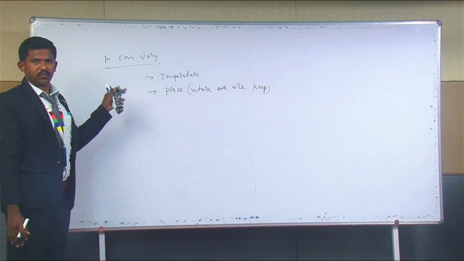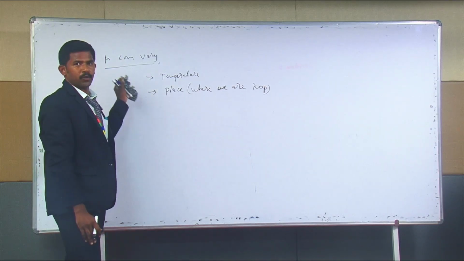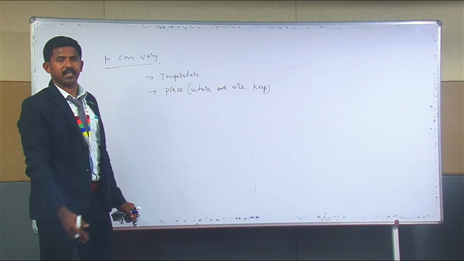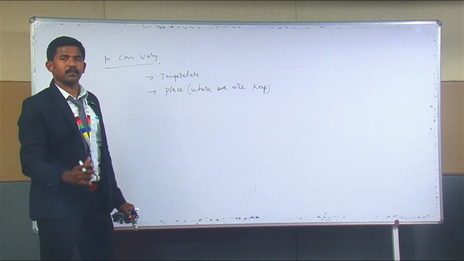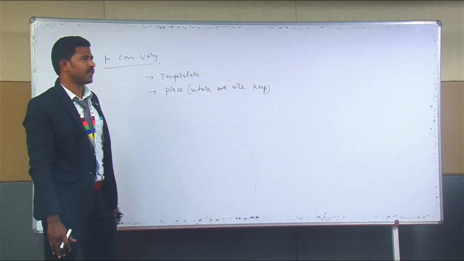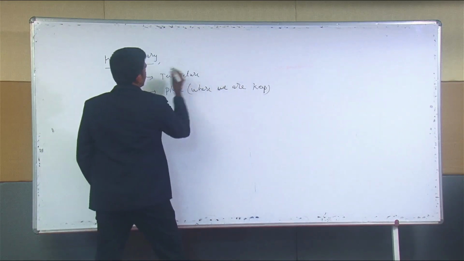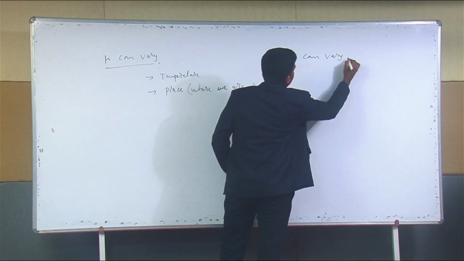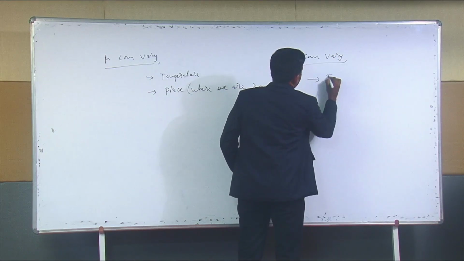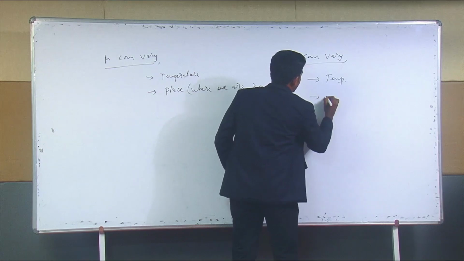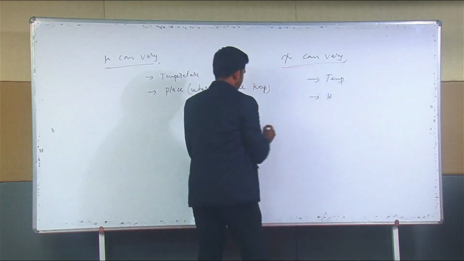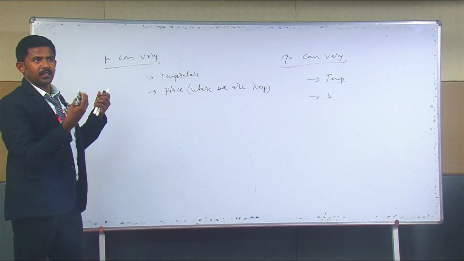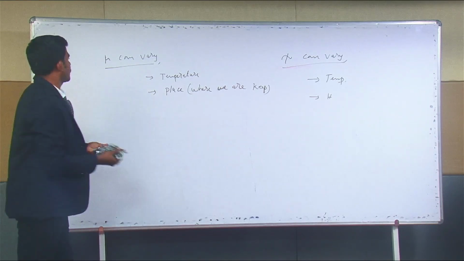External stimuli will play a role. Susceptibility also can vary with temperature, applied magnetic field, etc. Because these are all very important while classifying the magnetic materials.